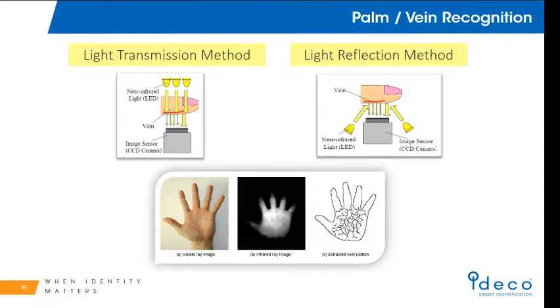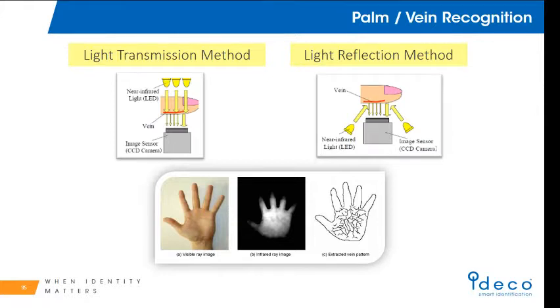If you look at light reflective, what you're doing is reflecting light from the same side of the finger as where the sensor is. So it can be a more compact environment that you project the light in and read it from.